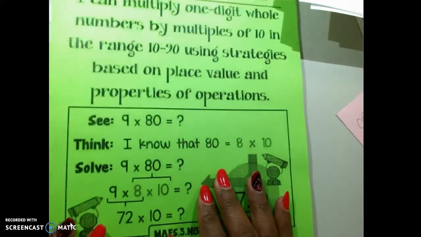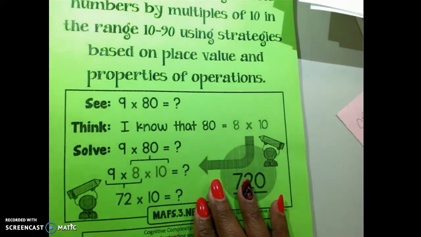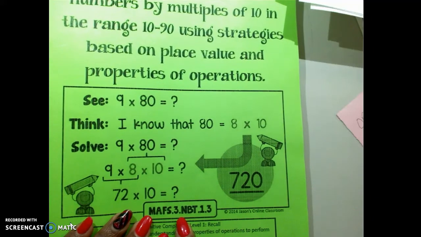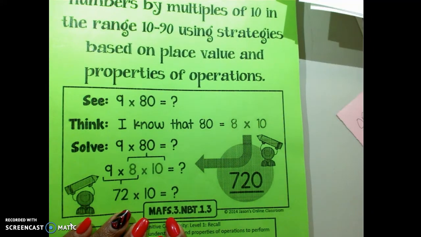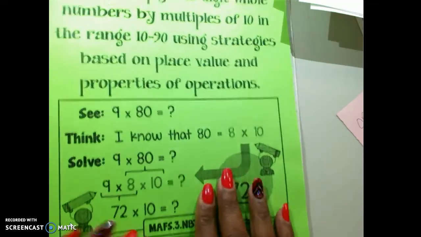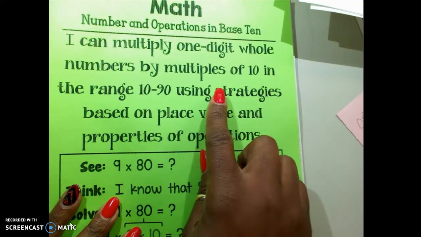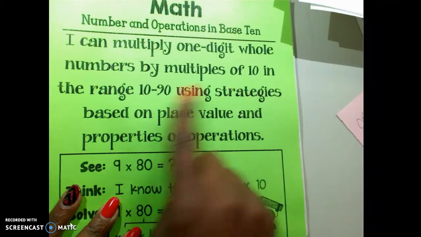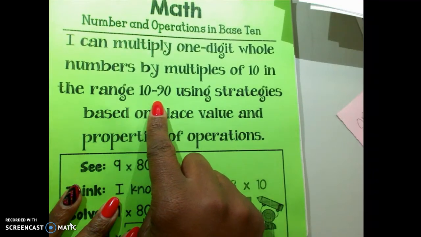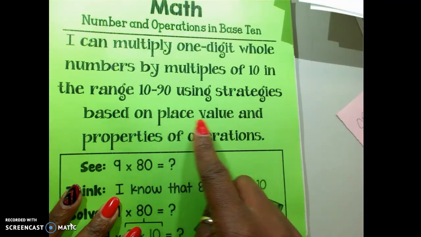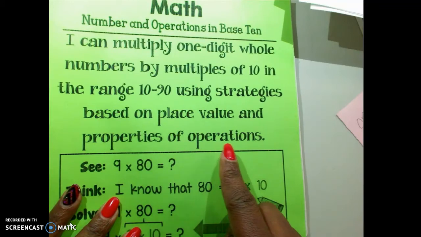But the first one I want to show you is the box method. And again, we're looking at standard MAFS.3.NBT.1.3. That standard basically states that I can multiply a one-digit whole number by multiples of 10 in the range of 10 through 90 using strategies based on place value and properties of operation.